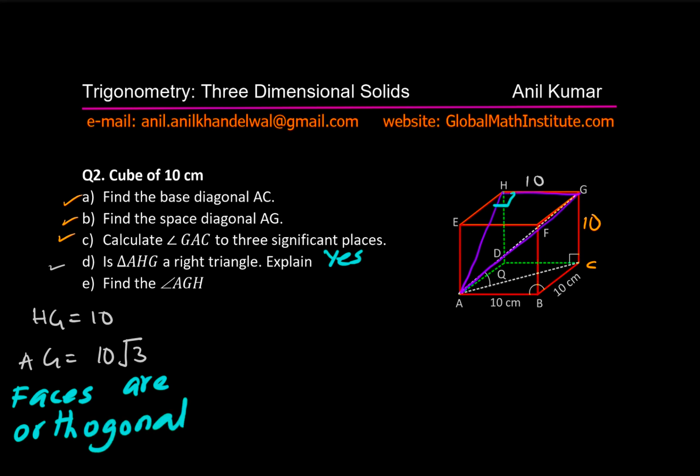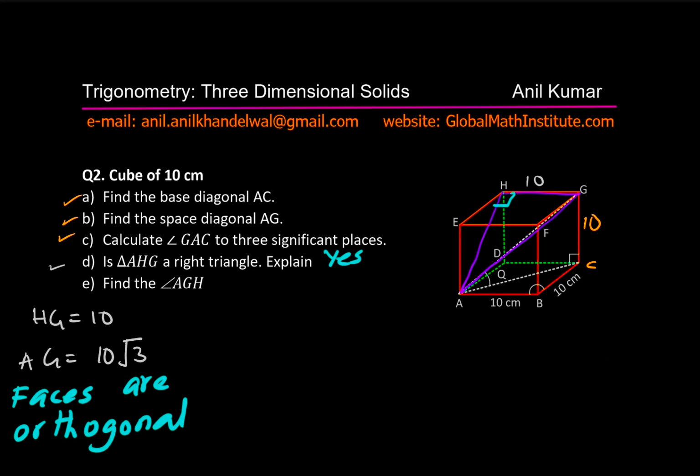That is a very important property. You don't really have to prove it by any other means. When two planes are perpendicular, then any line from one plane going through the other will be orthogonal, right? But we can also prove it.